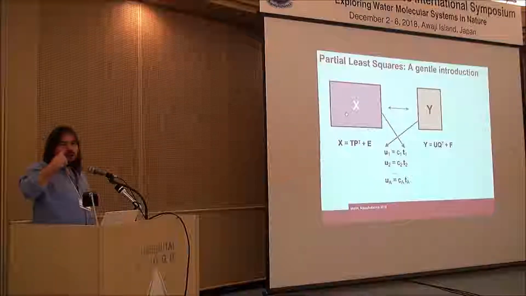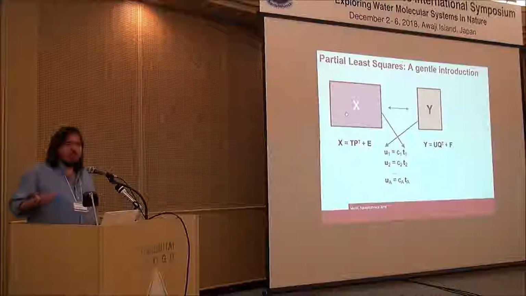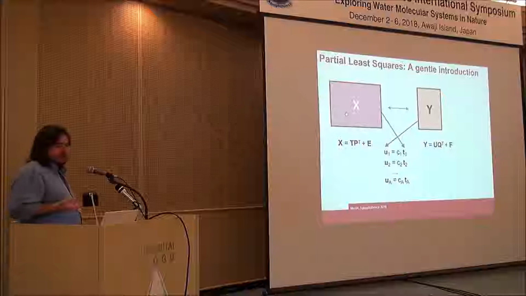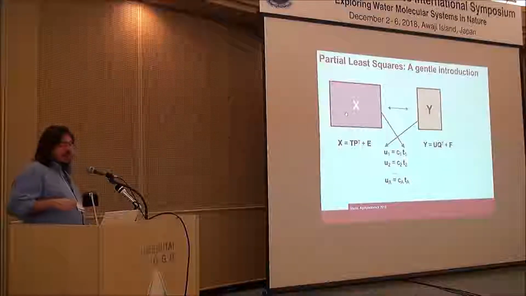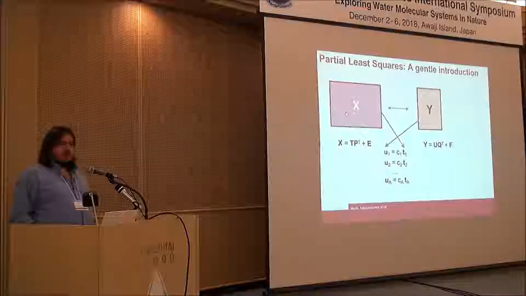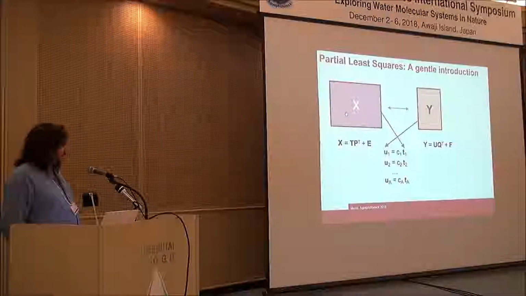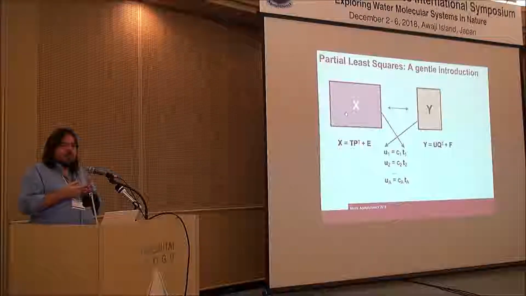And the method that is normally used to do this, especially in the domain of chemometrics, is the partial least squares approach, which you have also seen mentioned in the demonstration a few minutes ago. So what is the concept within partial least squares?